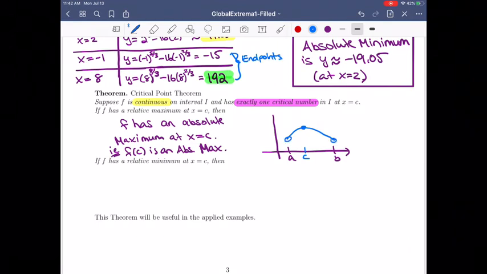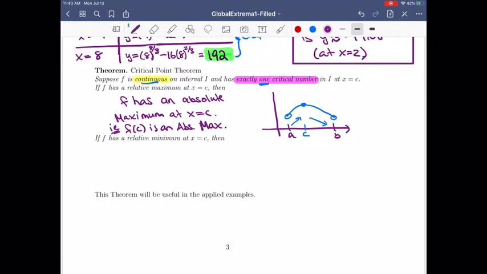It has to actually be the absolute maximum, because on your interval it has to increase to C and then decrease after C. Because it's the only critical number in the interval, there's no other place where it could change. And it's continuous, so there's no vertical asymptote or anything like that in the interval. And it's the only critical number, that's the only place it can switch from increasing to decreasing. So if it's a relative maximum, it actually has to be the absolute maximum.